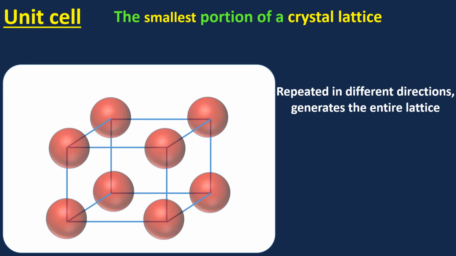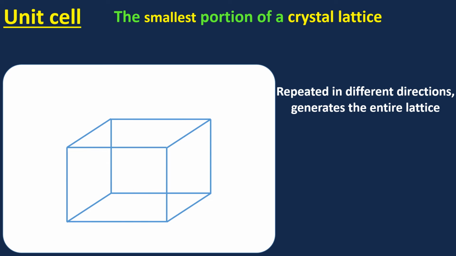This is the unit cell, and this is the shape of the unit cell. It's just like a cube, or it's like a box. Consider the distance or the length of the box in the x direction as a, and the length of the box in y direction as b, and along z direction that is c.